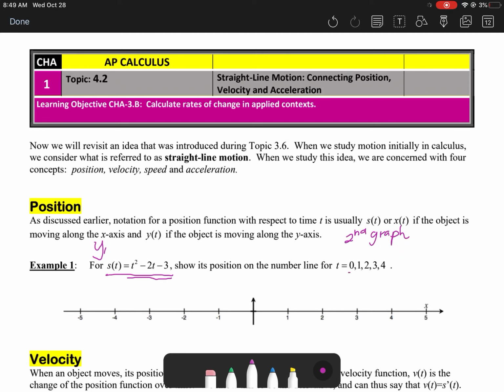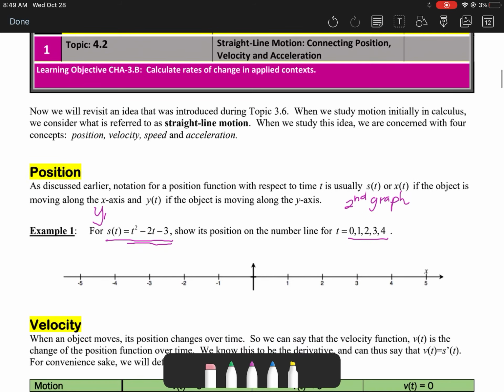Okay? And now you can just look at the table and see, well, what is the value for each of those? Just going over, at s of 0, that is -3. So when t is 0. When t is 1, we get -4.